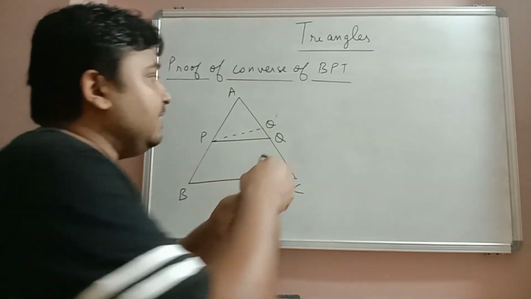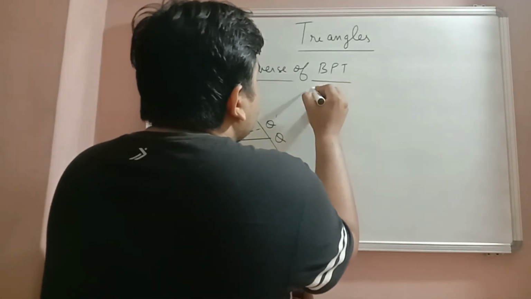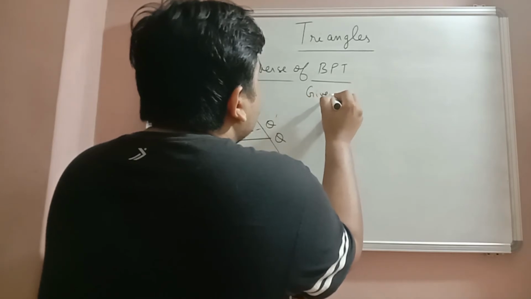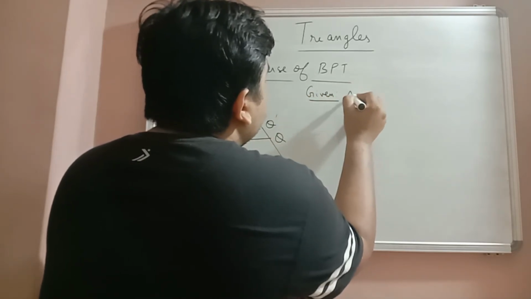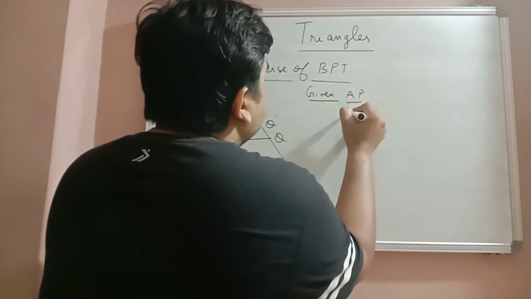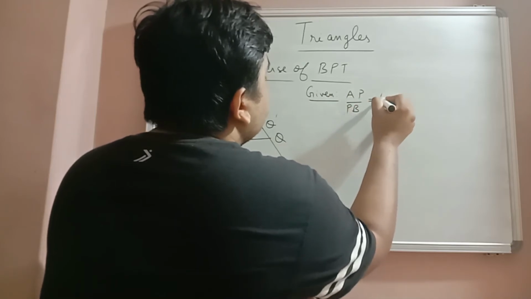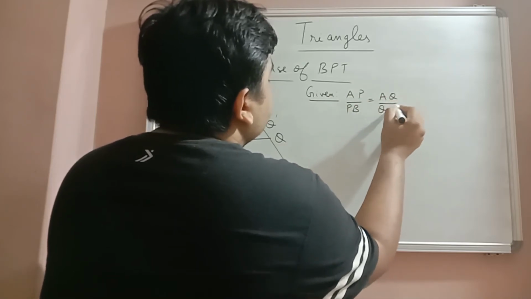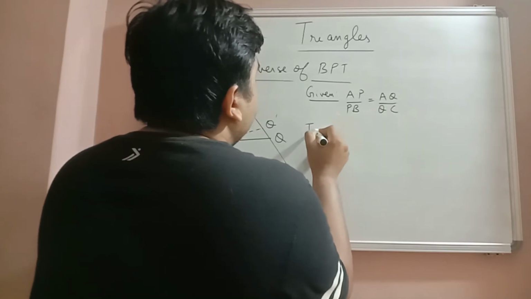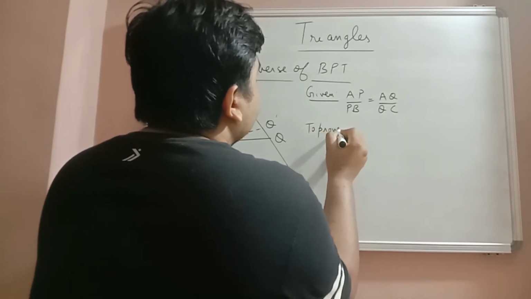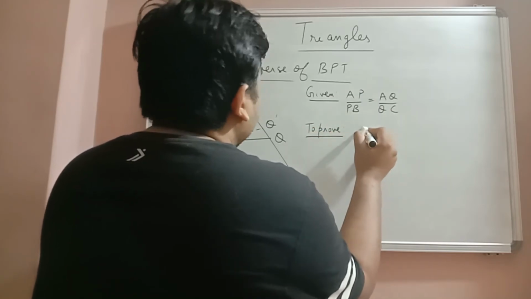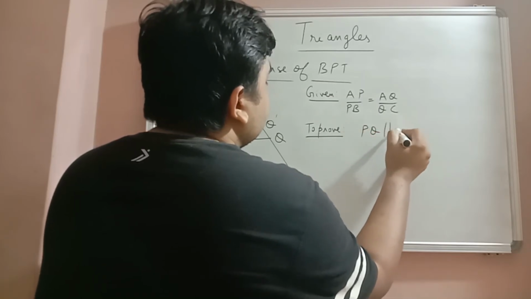So let me write down the given. It is given that AP upon PB is equal to AQ upon QC, and we need to prove that PQ is parallel to BC.